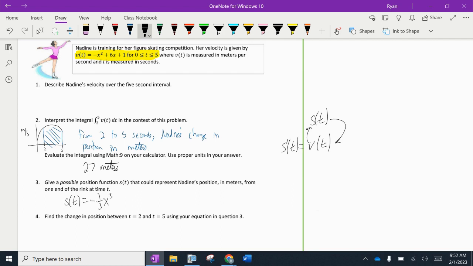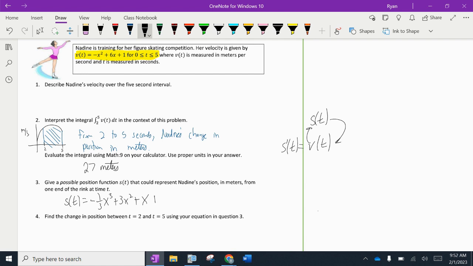Yeah. And then the derivative of what would give us 6x? 3x squared. The derivative of this is your 6x. Plus the derivative of what is equal to 1? X. And then the position is this.